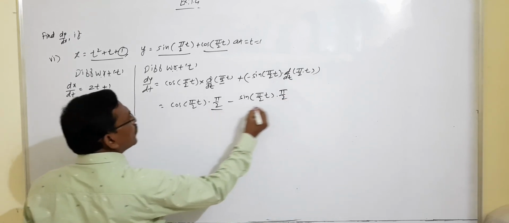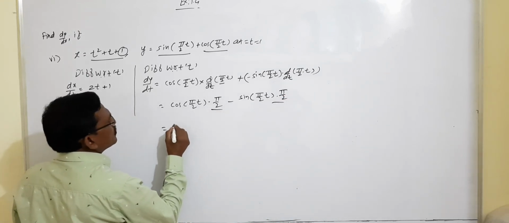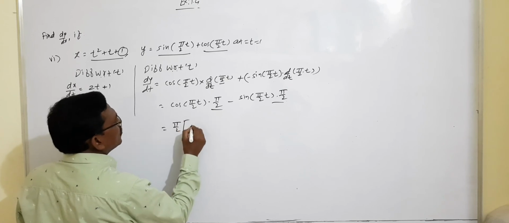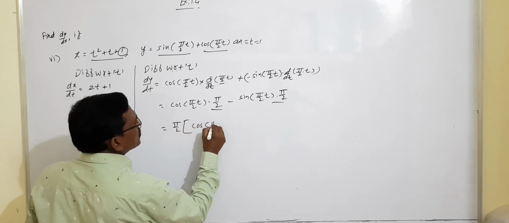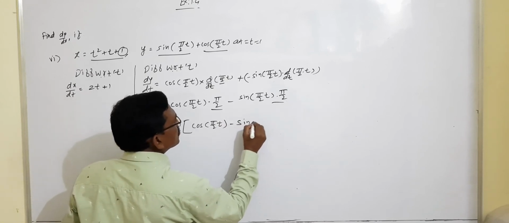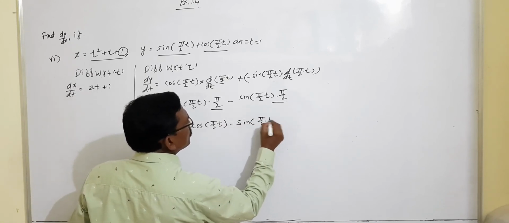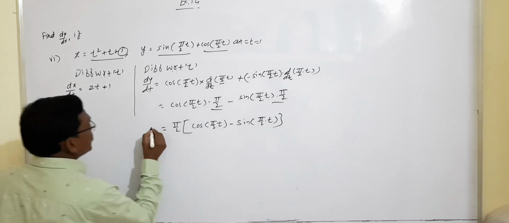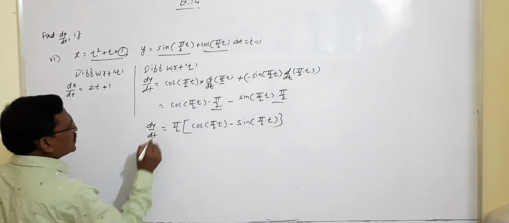We take pi by 2 common from this term: pi by 2 in the bracket, cos pi by 2 into t minus sine pi by 2 into t. This is dy by dt.